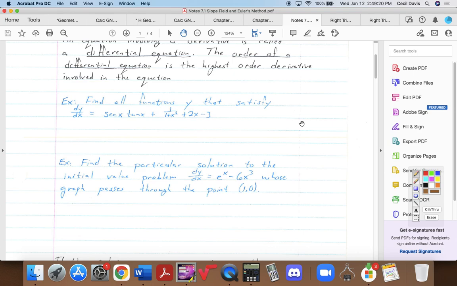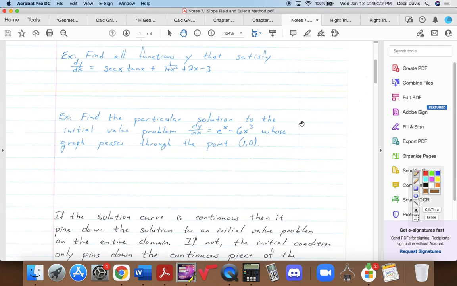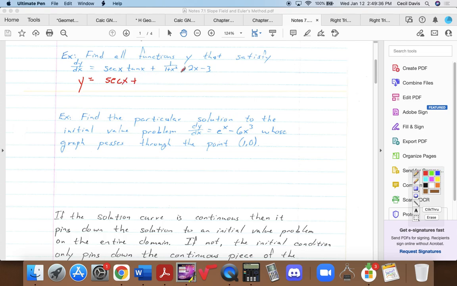For example, find all functions y that satisfy this differential equation. All we have to do is do the antiderivative. So the antiderivative of secant tangent is secant, so that's secant of x. The antiderivative of 1 over 1 plus x squared is? Yeah, tangent inverse or arctangent. Either way you want to say that.